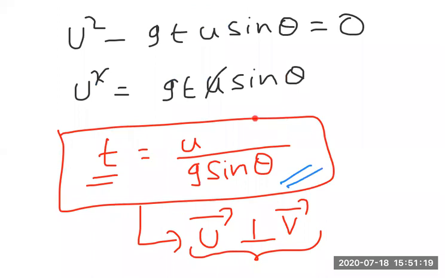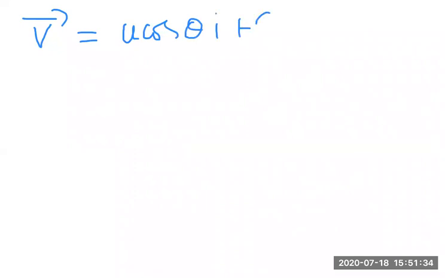Fine. Now the question is, you told about time, well done. What is the value of velocity? Velocity at any instant is u cos theta i cap plus u sin theta minus gt j cap. This is the velocity value. Then why are you asking again?